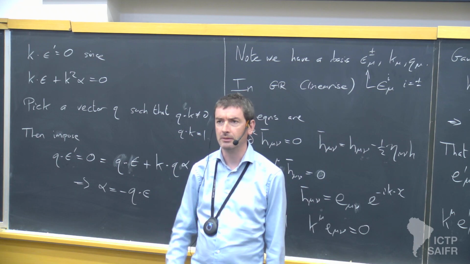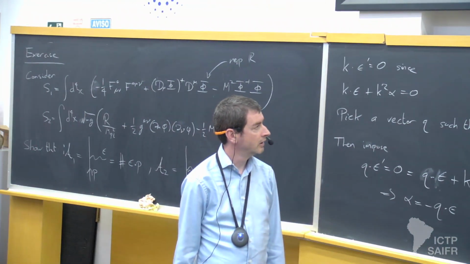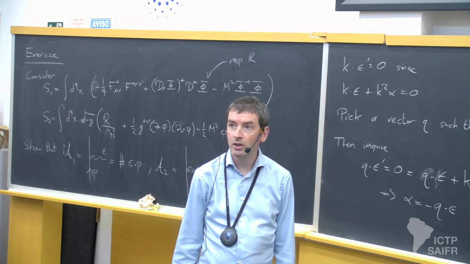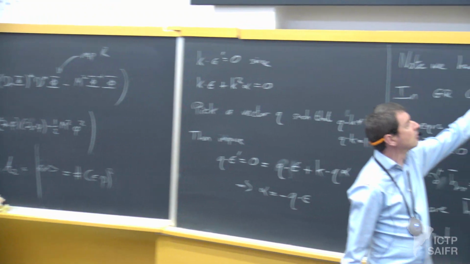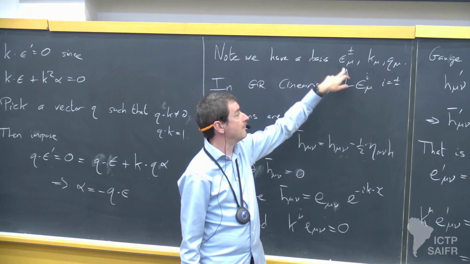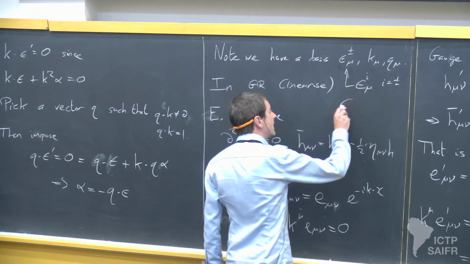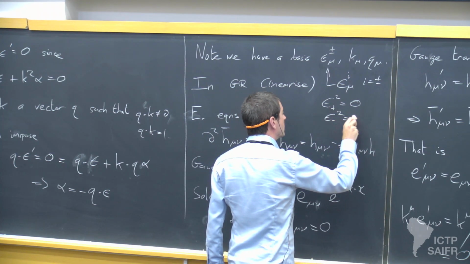Let's see. So who had their hands up first? I think you had your hand up first. Yes. So the question was, am I understanding you right? Yeah, that's right. So I've used here that epsilon plus squared equals 0 and epsilon minus squared equals 0.